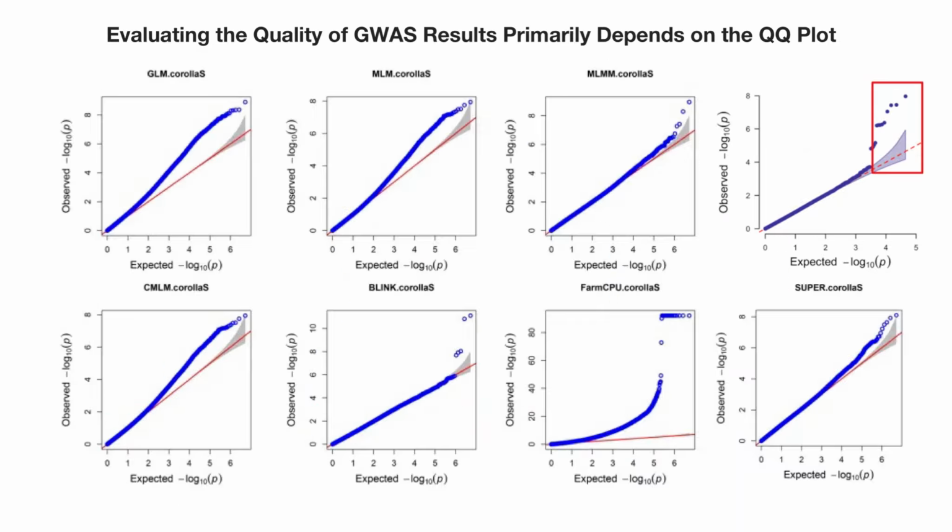Now let's take a look at more examples of QQ plots that you might get, and the one which we already analyzed is here. Take a look yourself. The first and second plots deviate early and have high false positives, which is not good. The third plot looks pretty good. The fourth plot is somewhat off, and the fifth plot is great.